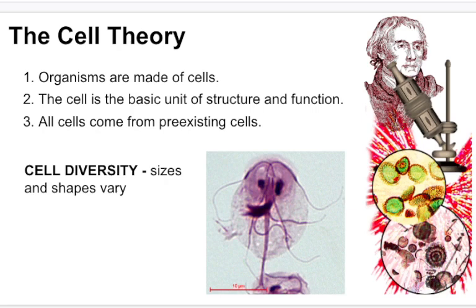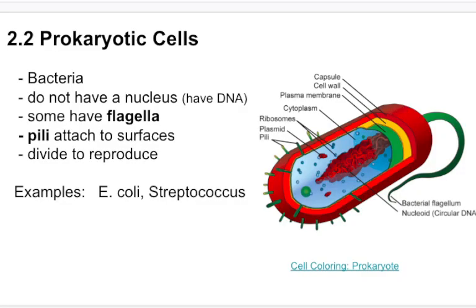So cells are in all different forms, and their forms usually have something special to do with their function. For example, we're going to start by talking about prokaryotic cells, which is part of the bacterial family.